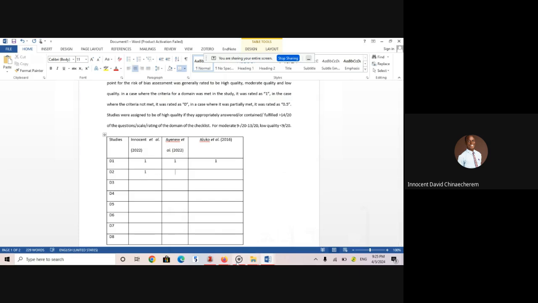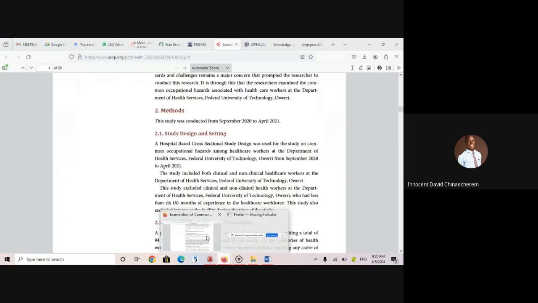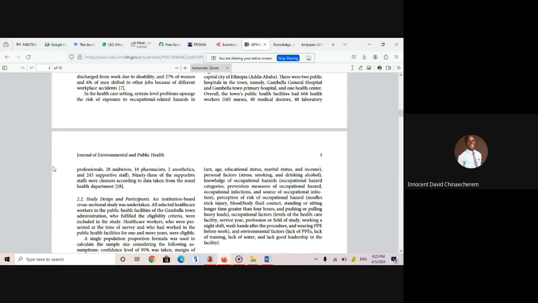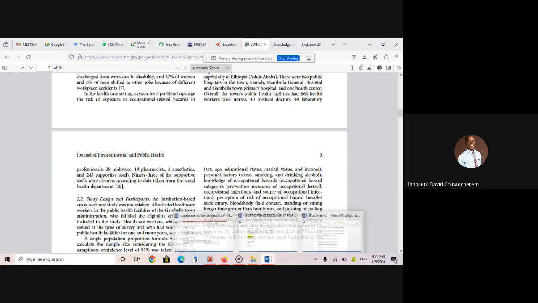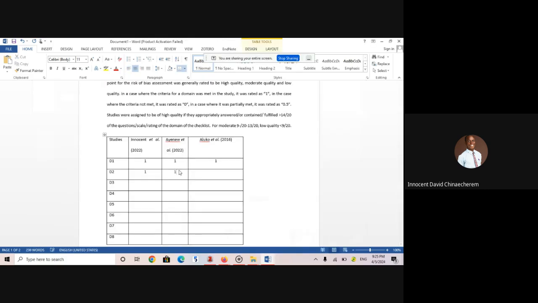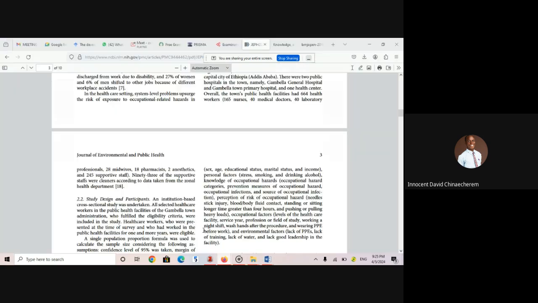Then the next one, I return back to this study by INL. I check it out. Was the study design clearly stated? I check it. An institutional-based cross-sectional study was taken, so it's clear. Remember, we are using a CAT tool, so they all should align. So I score it 1. Then I move to the next part, the Aluko study.